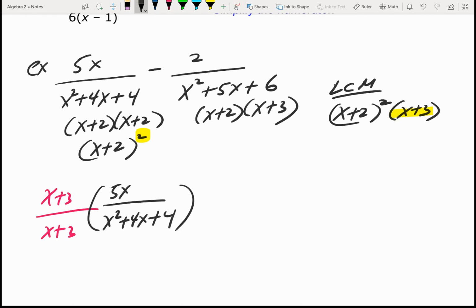And then I will subtract. What am I missing in the other fraction? I'm missing one of the x plus 2's because I only have one of them. I need two of the x plus 2's, so I need to multiply this one by x plus 2.